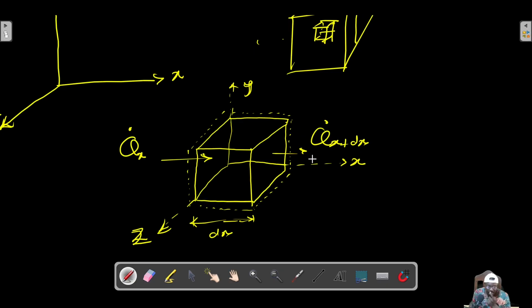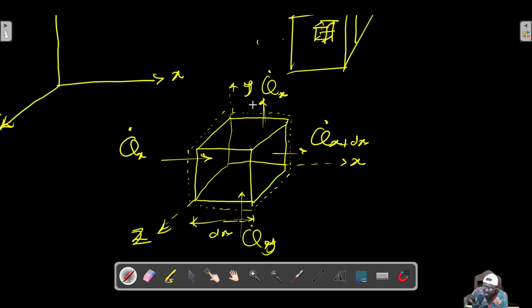Now the same thing applies to the heat flow along the other axes. Along the y-axis, this is my heat: Q y dot, the heat flow rate along the y-axis. When it leaves the control volume, the quantity could have changed, right?